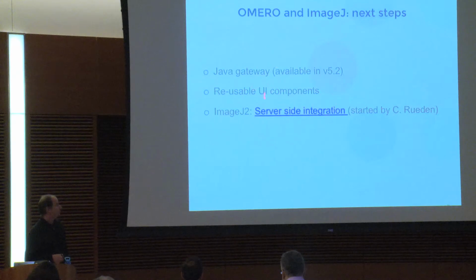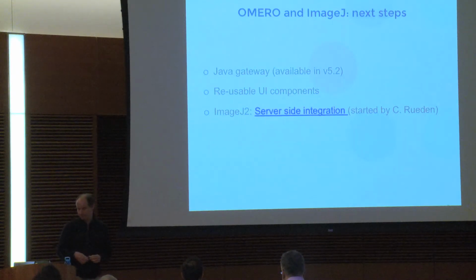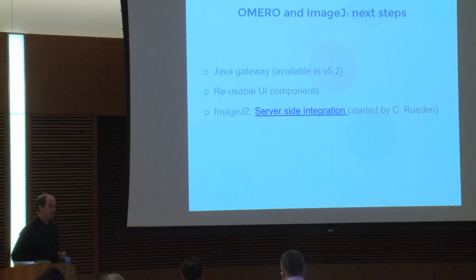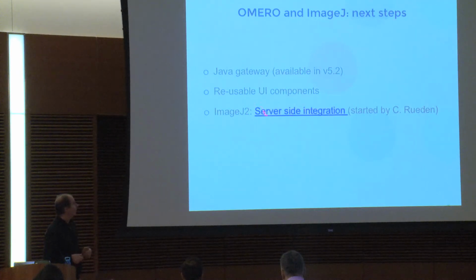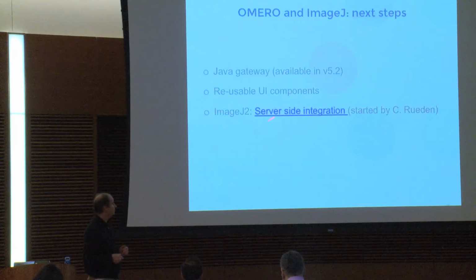And from that comes a further step. We will develop a range of lightweight reusable UI components, for example a tree viewer, which you can use to browse your data on the OMERO server, which can be digested by, let's say, ImageJ plugins, but also, of course, by other means. And last but not least, the ImageJ and server-side integration effort, which was started by Curtis.